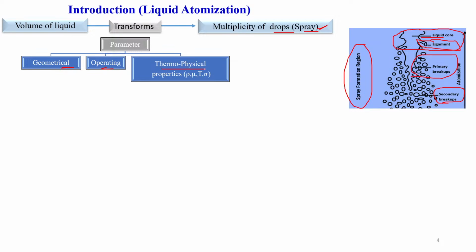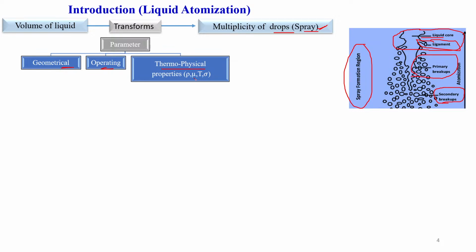Each and every liquid has different thermophysical properties such as density. Let's consider the density of water is not equal to the density of diesel or petrol. So density is one of the main parameters which plays an important role in spray characterization, followed by viscosity, temperature and surface tension. These are the key parameters which dictate the spray characteristics.